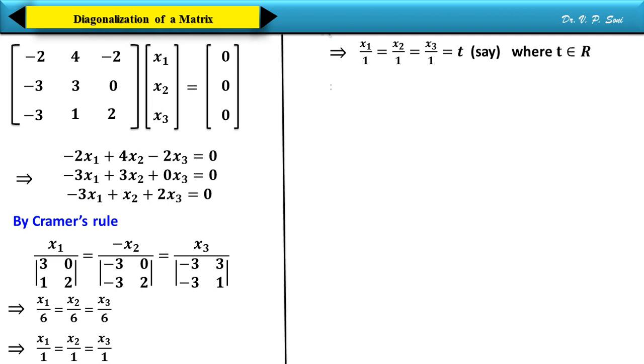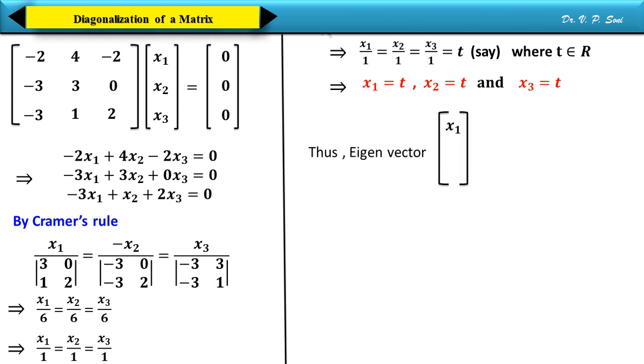This implies, say it is T where T belongs to R, therefore x1 equal to T, x2 equal to T and x3 equal to T. Thus eigenvector x1, x2, x3 equal to T, T and T. Take T as common, then we get T into vector 1, 1, 1.